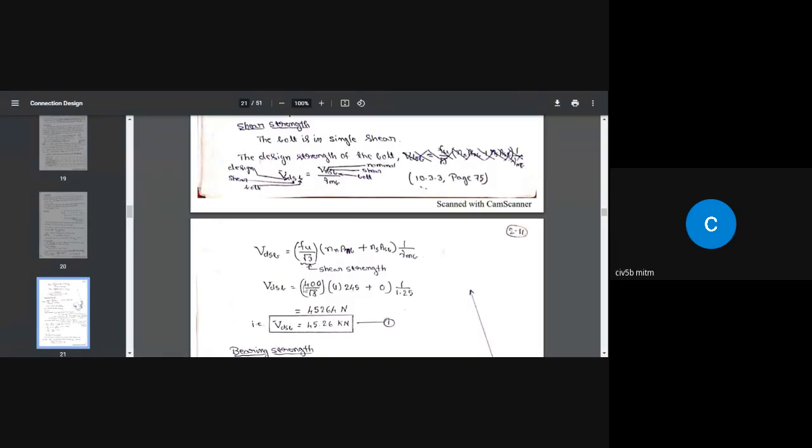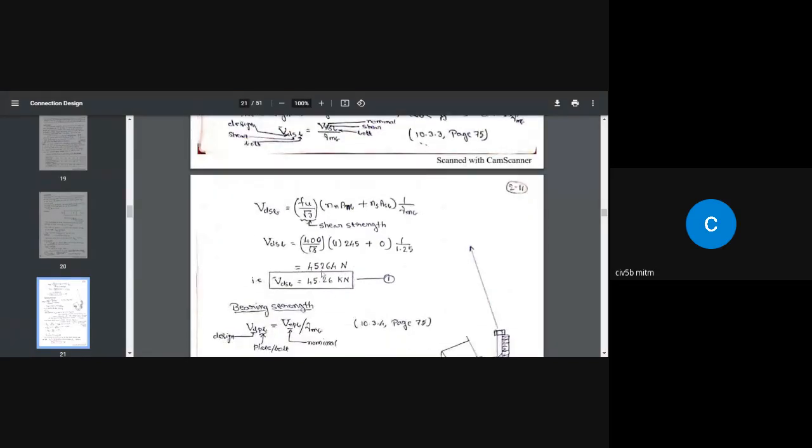So once you do this, I got the shear strength of the bolt value equal to 45,264 Newton. Once you convert that value into kilonewton, we get 45.26 kilonewton. That is the bolt value in shear.